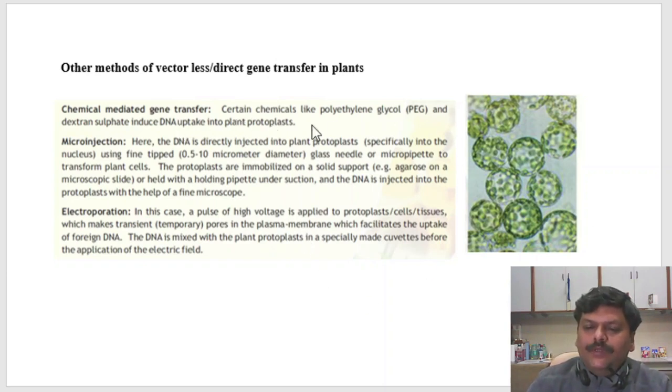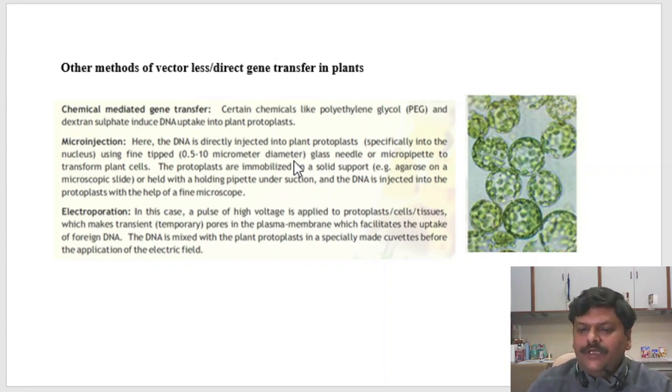So in the chemical method, the gene cassettes or the genes which we need to transform into protoplasts are mixed with a chemical called polyethylene glycol or dextran sulfate, and then in the presence of polyethylene glycol and dextran sulfate, isolated protoplasts sometimes ingest those genes from their surroundings, and then these genes can be incorporated into the plant genome again by the same repair mechanism.